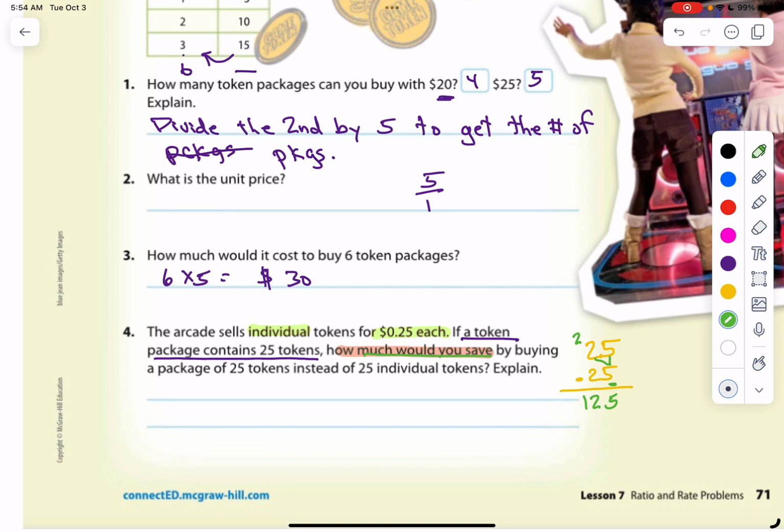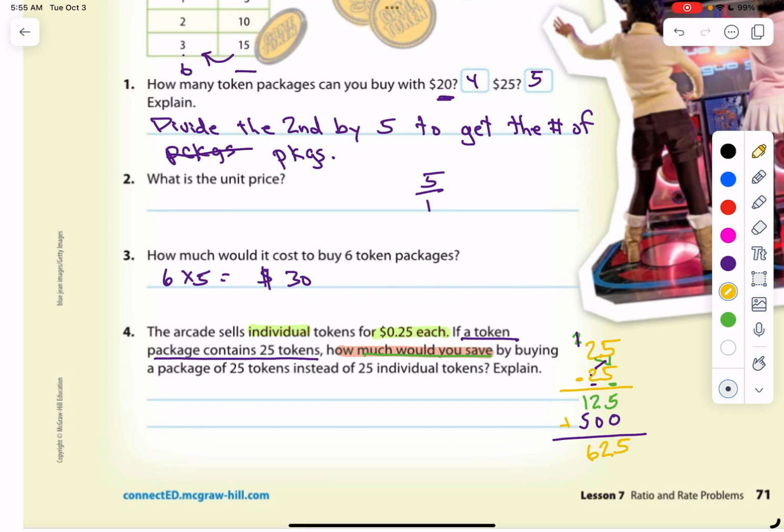Now we'll multiply the tens place. We want to put a 0 down because it's the tens place. 2 times 5 is 10. 2 times 2 plus 1, that's 4 plus 1, 5. Now we add. 5 and 0 is 5. 2 and 0 is 2. 1 and 5 is 6.